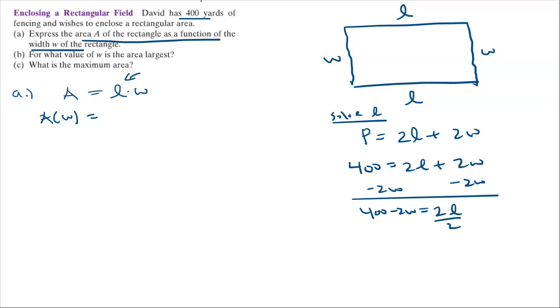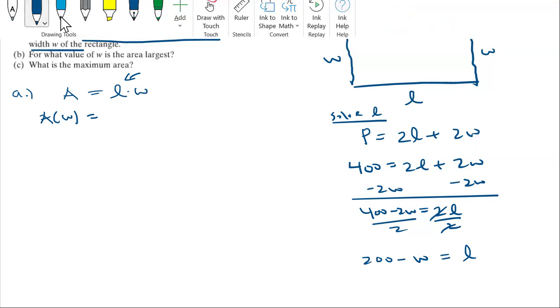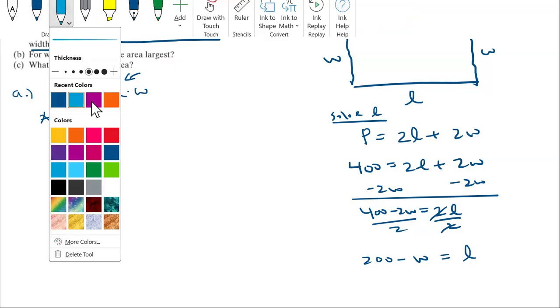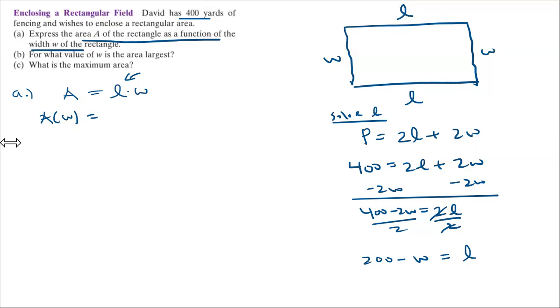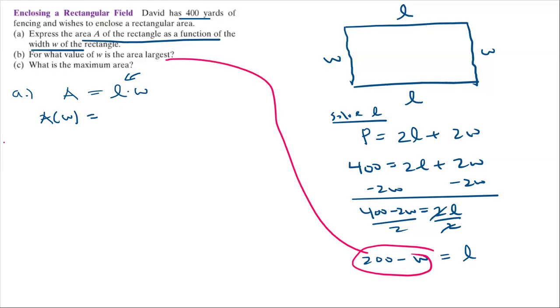Then we divide both sides by 2. 400 divided by 2 is 200, and 2W divided by 2 is just W. So L is equal to 200 minus W. That means we need to replace our L here by this equation, so we take this and plug it in here.